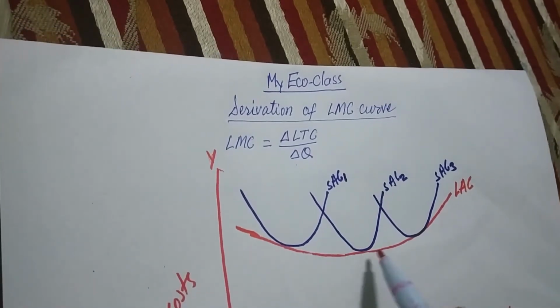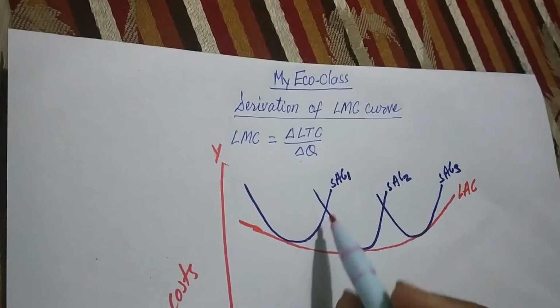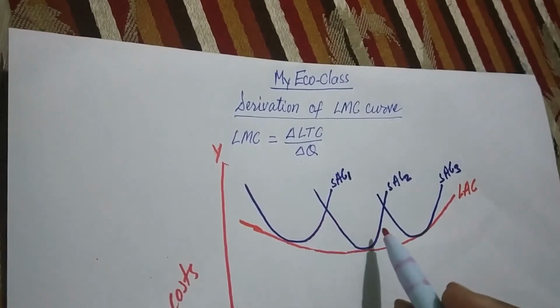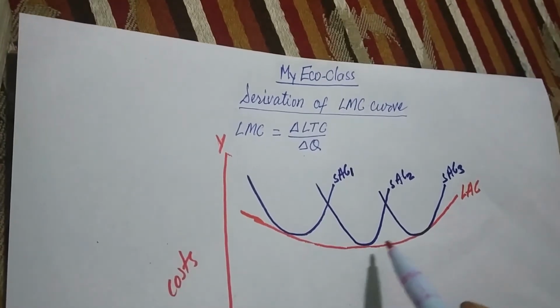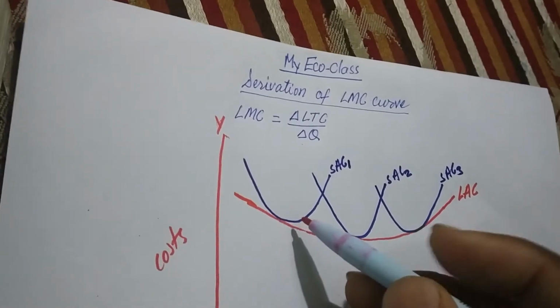This long run average cost curve can be derived with the help of the short run average cost curves, drawing a smooth line in such a way that the line is tangent to the lower portion of each short run average cost curve.